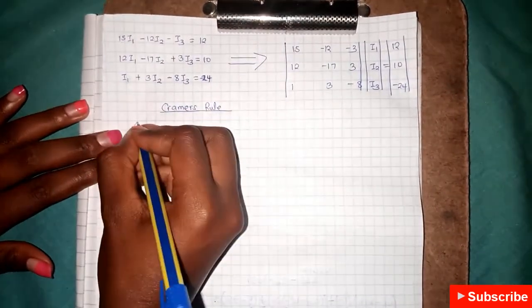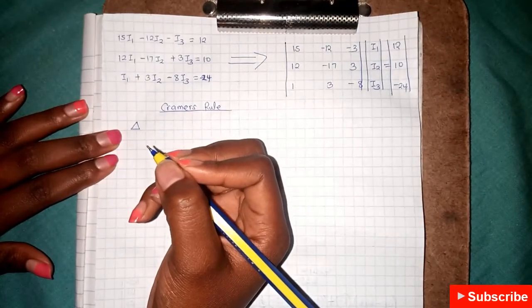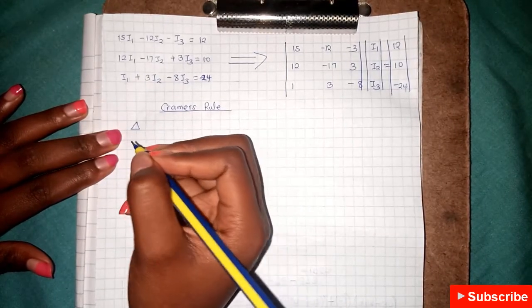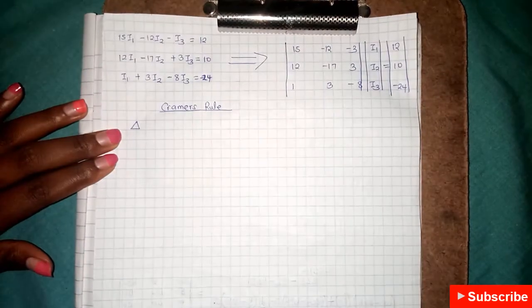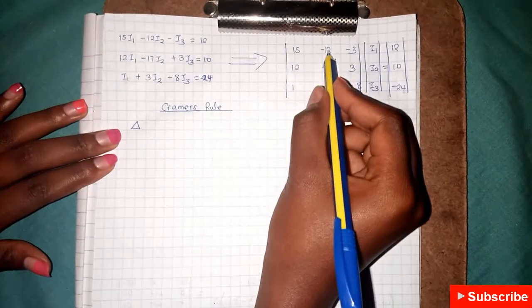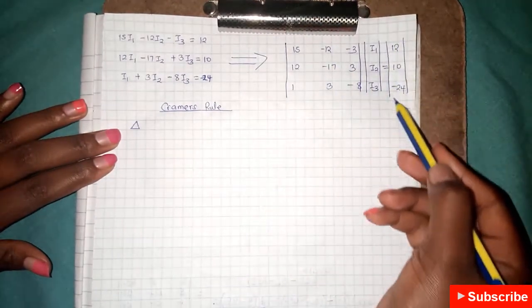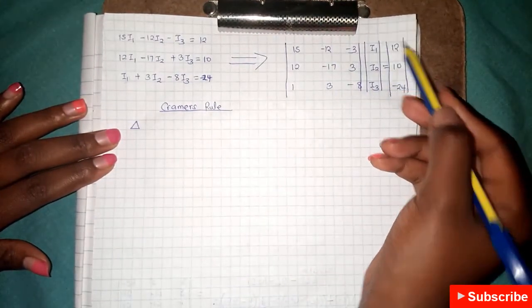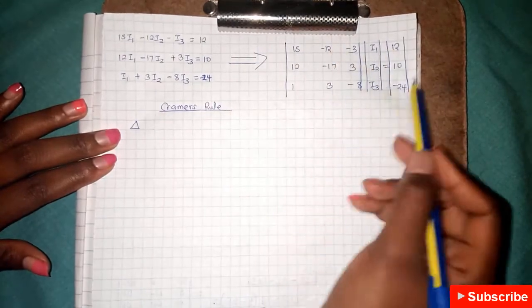Okay, so Kramers rule utilizes determinants of matrices, and therefore we will start by finding the matrix of the first one, which is this, and then we find the matrices when we change. So we replace these values here, then so on.